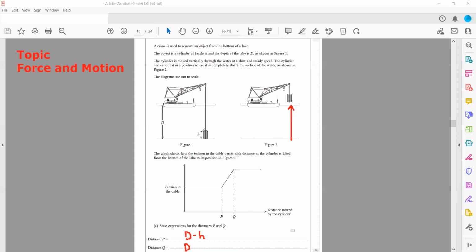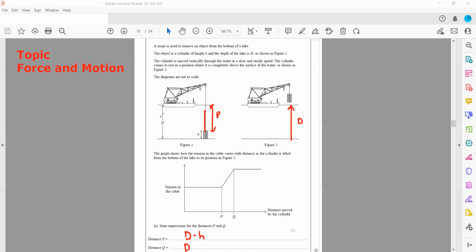And what about when we are taking it out? As I mentioned, it is at a steady speed. When it is at a steady speed, the resultant force should be constant. So here, this whole is P. And when it is completely out, that is equal to D. So what is P equal to?